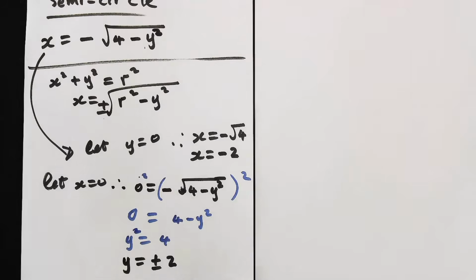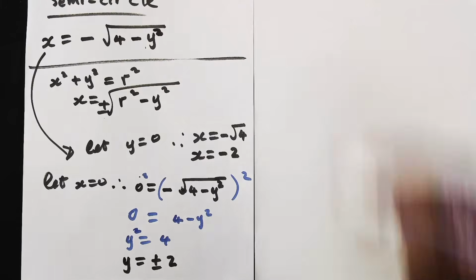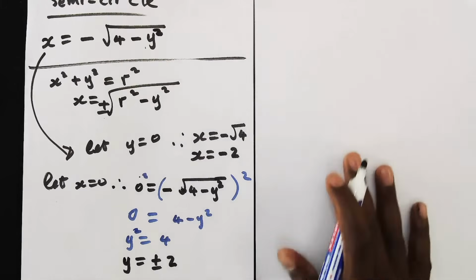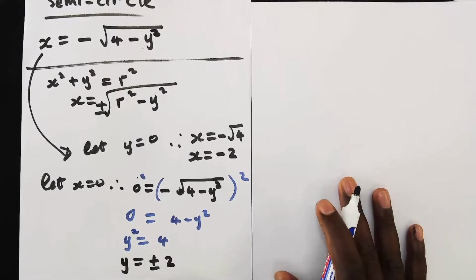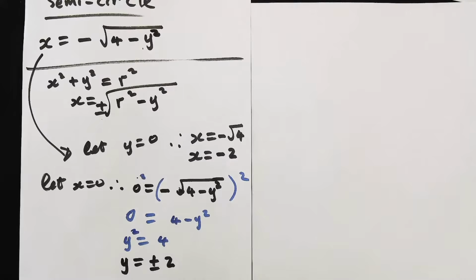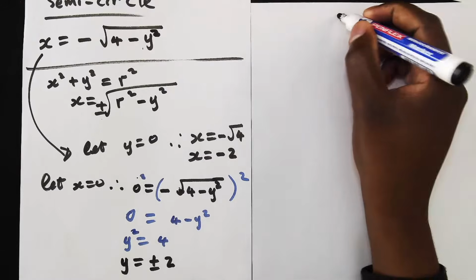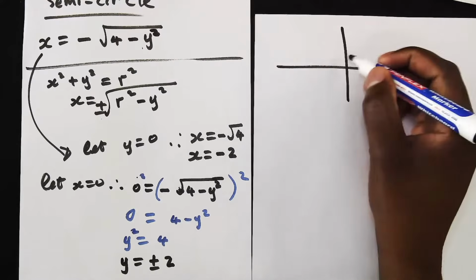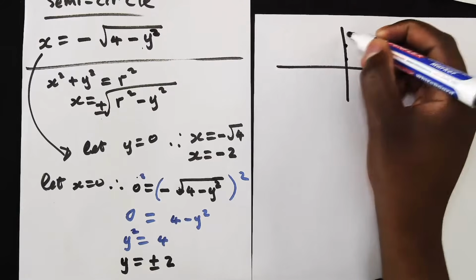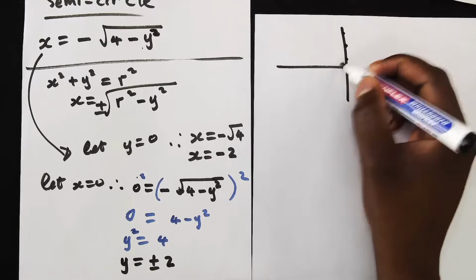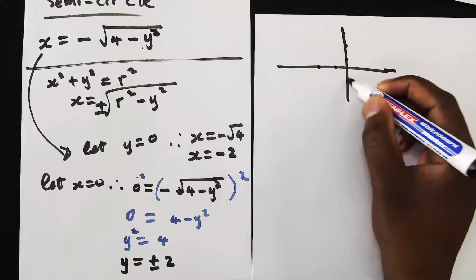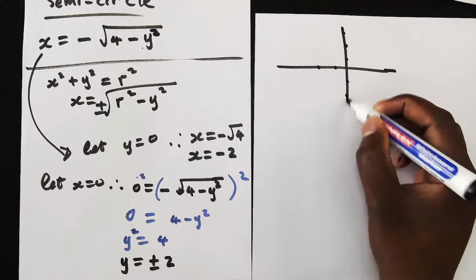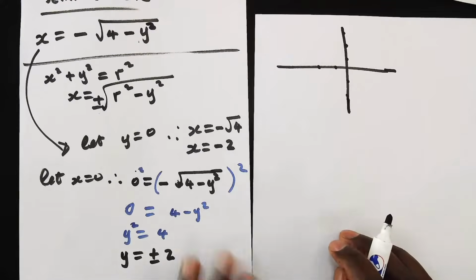Okay, this one is not asking me. All right, let's continue with this one. Let's plot the graph. Let's say we have 1, 2, 3 units up, 1, 2 to the left, 1, 2 down.